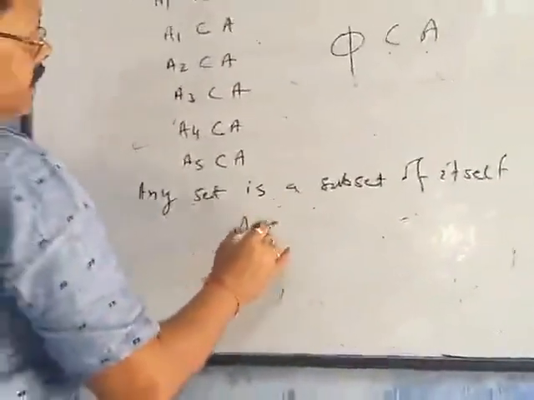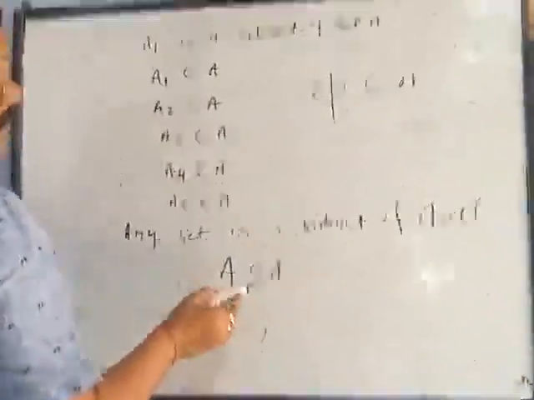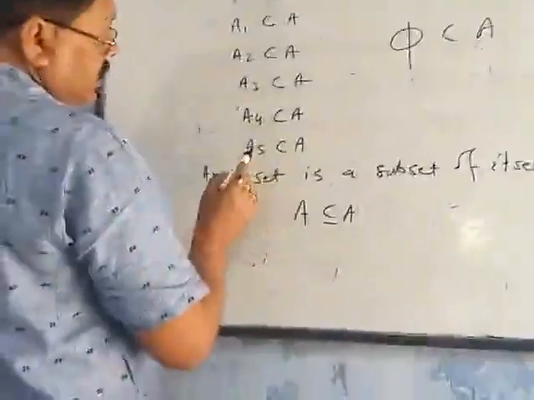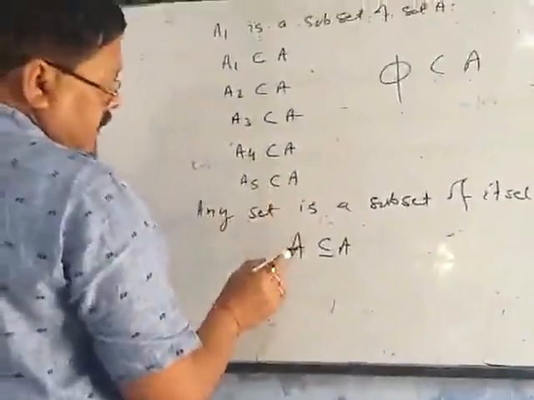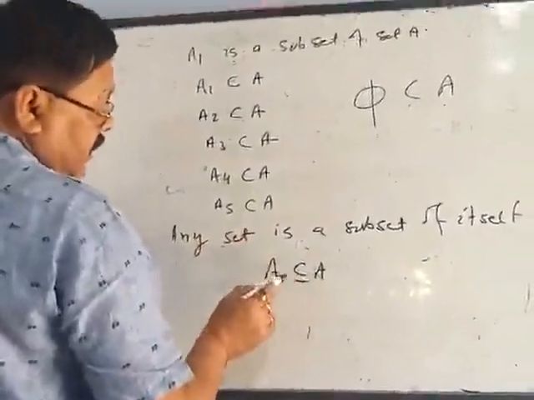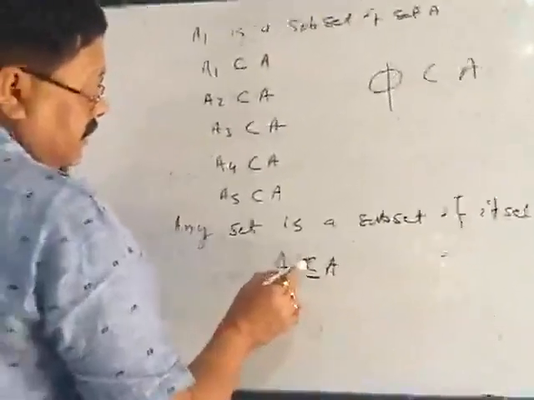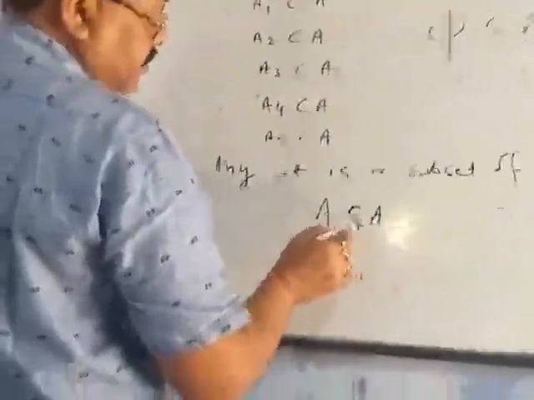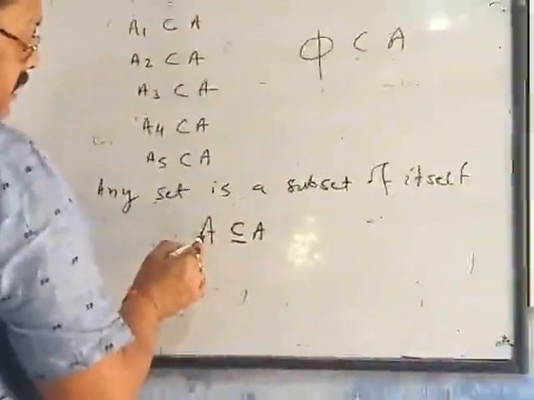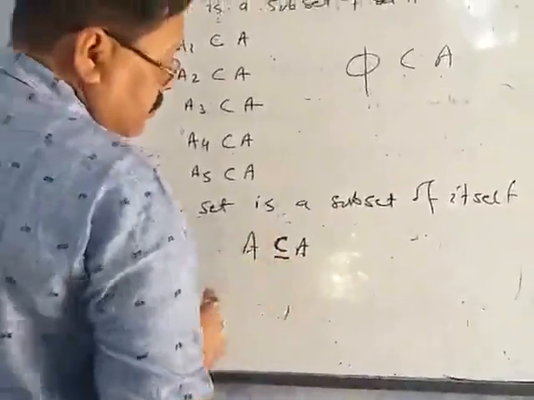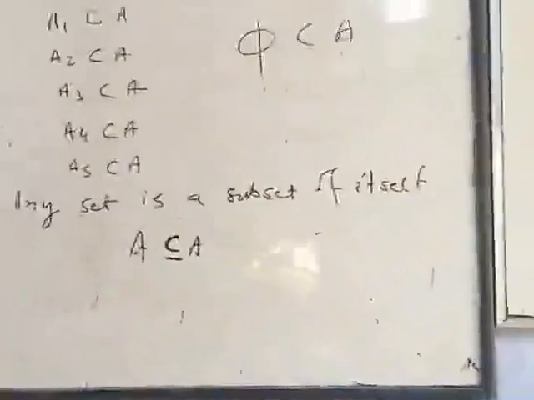So A is a subset of A. Here we see this symbol, and there is a difference between the symbols. One is a subset, but this set is a subset of A and it is also equal, so this equality sign is used, because A is a subset of A and it is also equal to A. So this is the subset.